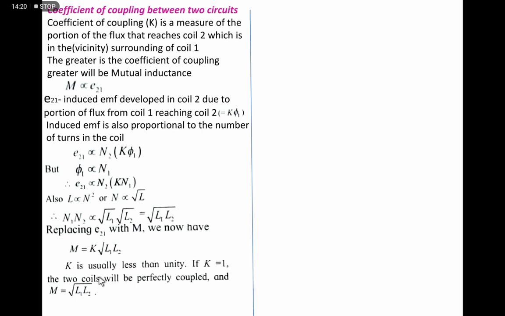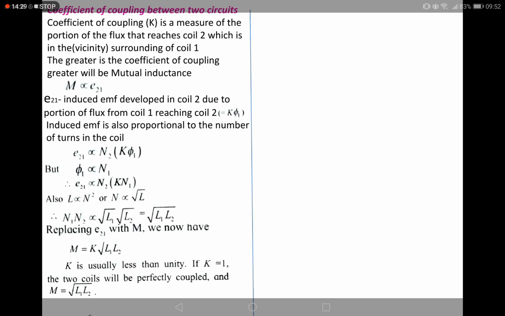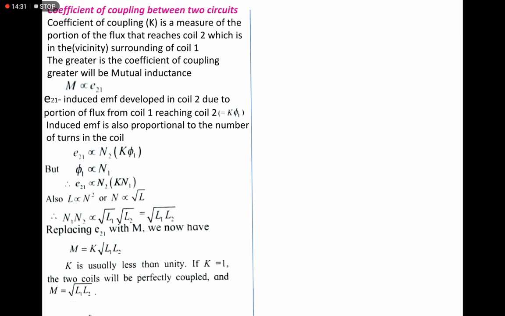This K is usually less than unity. If K is equal to 1, then the two coils are perfectly linked or perfectly coupled with each other, meaning the number of turns may be the same. We write M is equal to root L1 L2.